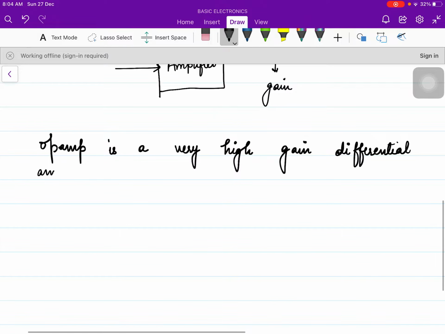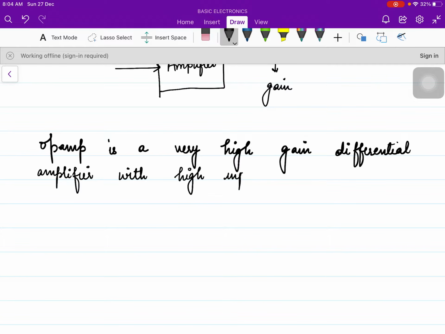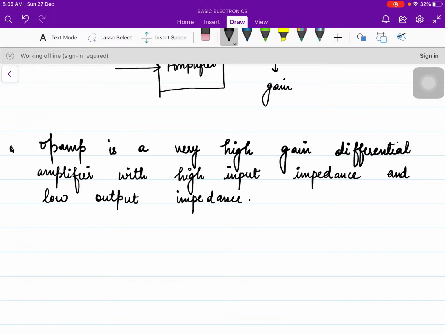So op-amp is a very high gain differential amplifier with high input impedance and low output impedance. I'll explain this first point: why it is called differential amplifier and why we are saying that it has high input impedance and low output impedance.